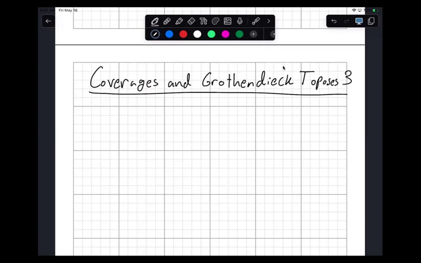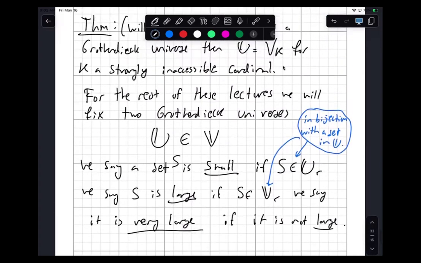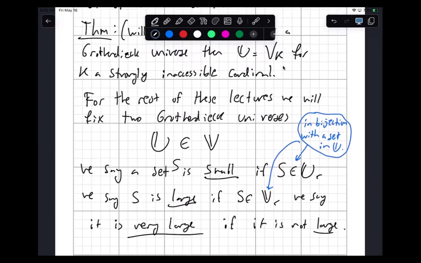All right, so we're going to pick up from where we were last time, which is talking about set theory. Last time, I explained what Grothendieck universes were. You can think of a Grothendieck universe as a set that's big enough that any set theoretic operation you do on sets inside of it cannot leave the Grothendieck universe.